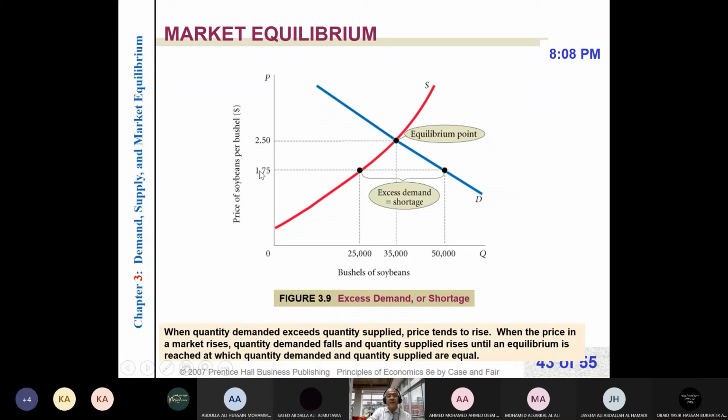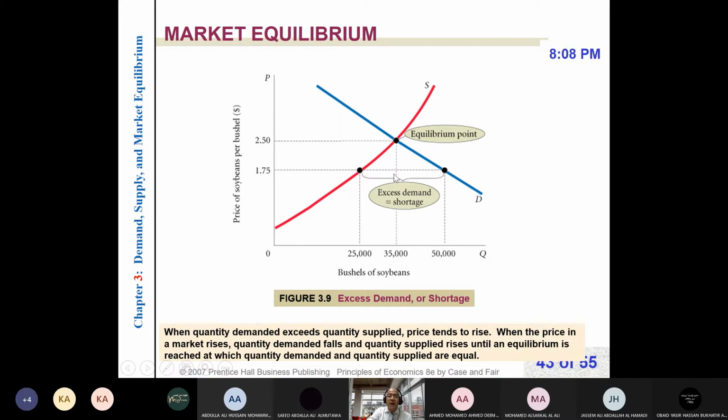So at 175, the quantity demanded will be 50,000 units, while the quantity supplied will be 25,000 units. The difference between them is called shortage or excess demand. That means quantity demanded exceeds quantity supplied.